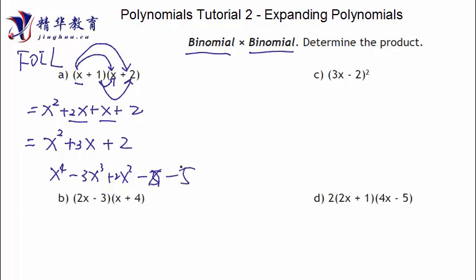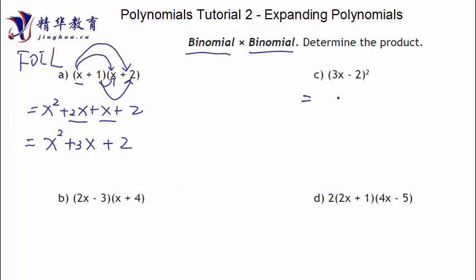So the powers go 4, 3, 2, 1, 0. Think about the constant term as x to the power of 0. So we always write it in this format. It looks nice, and it will help us with factoring in the future. Okay, good. Let's do this one.